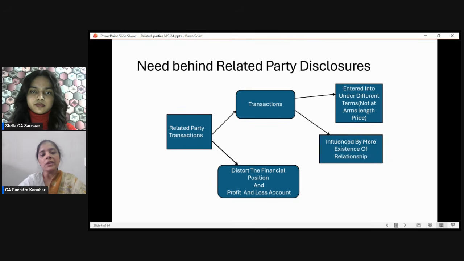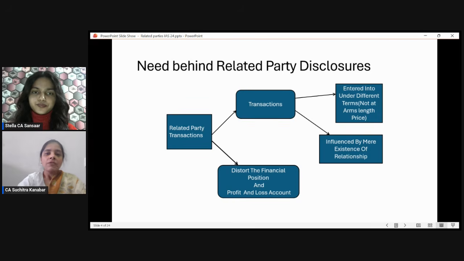It is the related party with whom we are entering into the transaction. It could be anything. It could be transfer of finished goods, raw materials, assets, property, or services. All these transactions are covered under related party transactions.